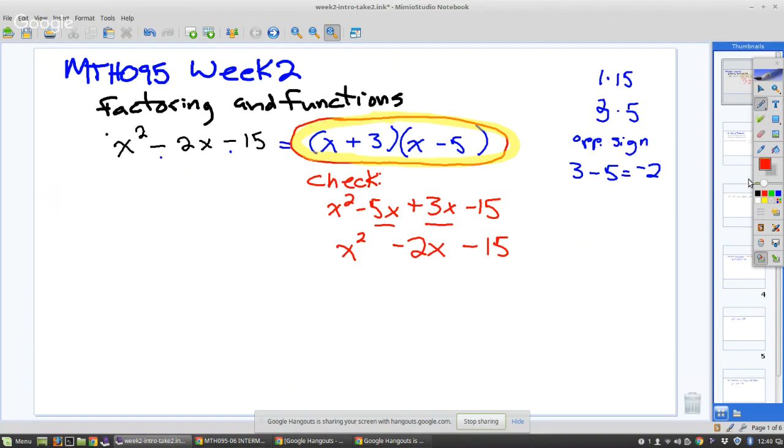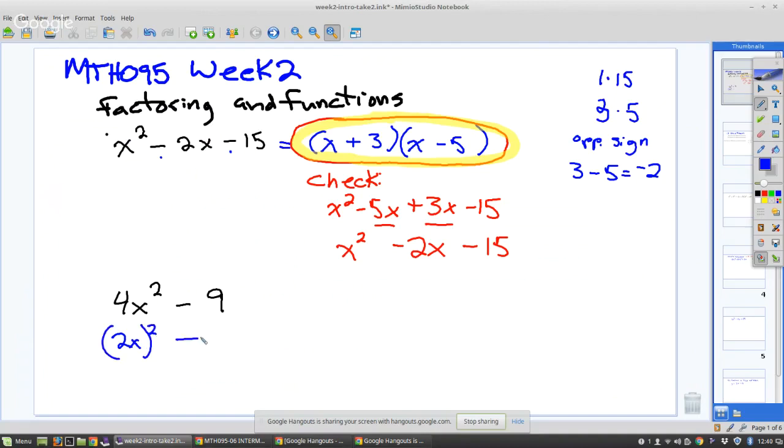Other things from last week and the beginning of this week are the idea of special formulas. So for example, if you had something like 4x squared minus 9, you could notice that 4x squared is a perfect square. It's the square of 2x. So 2x times 2x.